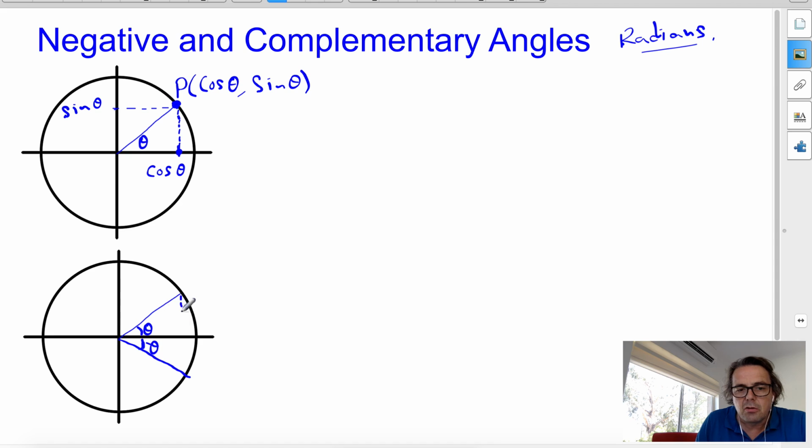Now, because the angles are the same size, the number here on the horizontal axis will be the same number, and that number is the cosine of theta. So that means for a positive theta, the cosine of theta, or for a negative theta, the answer is the same.